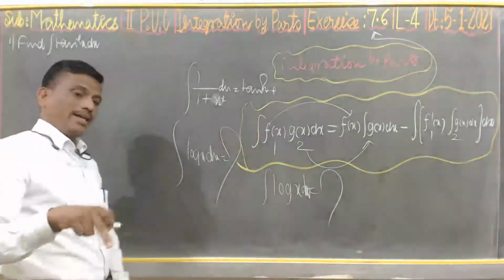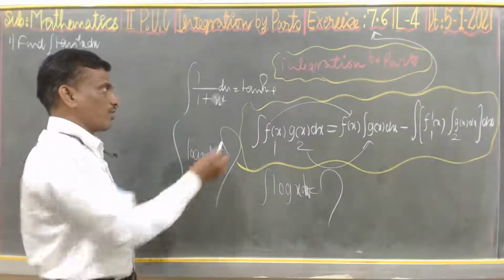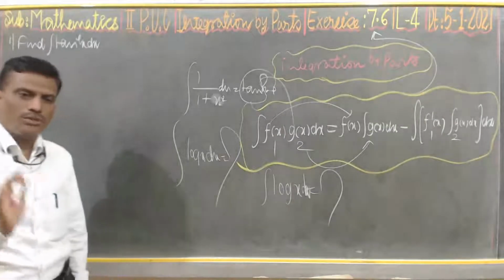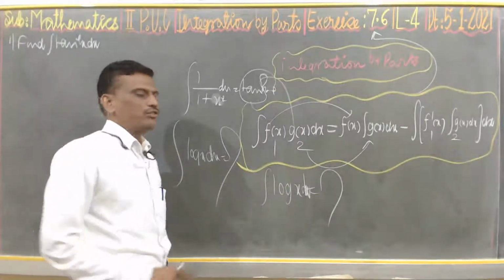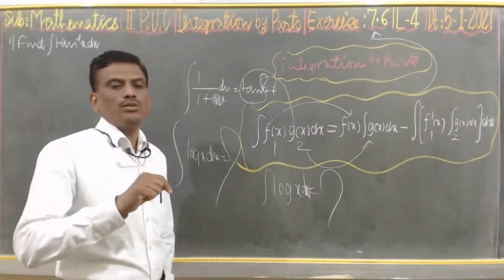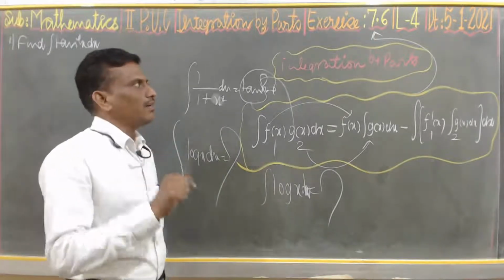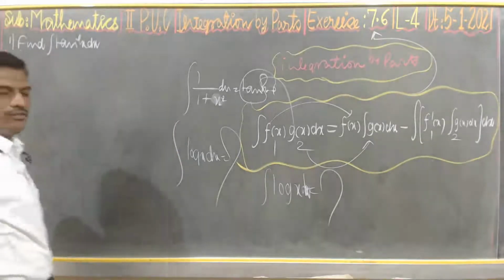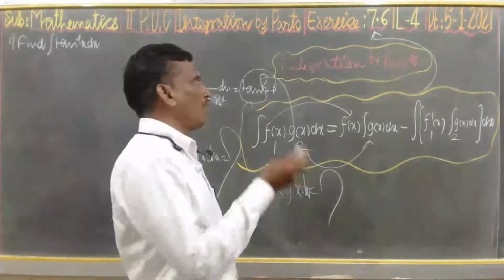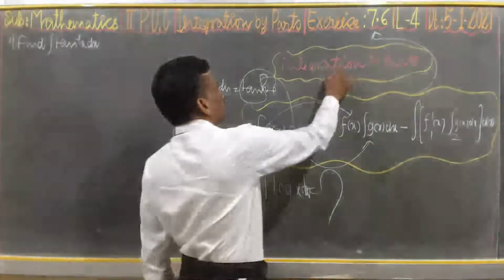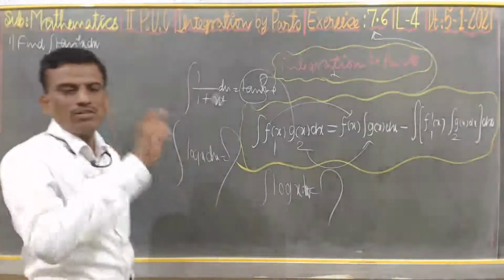We have calculated that, but we have not calculated the integration of tan inverse x up till now, because we did not know the integration by parts chapter. So the new thing we are studying is that we are able to calculate the integral of inverse trigonometric functions by this integration by parts chapter.